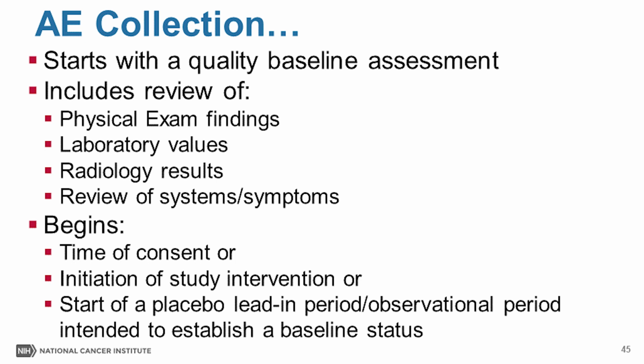So when we start thinking about assessing adverse events, it really comes from our participants' review of systems, physical exam findings, laboratory and other radiologic results, or EKG results, things like that. But again, before starting on a clinical research study, especially a clinical trial, a good baseline assessment is needed. And that does include finding what is abnormal. So what laboratory values are already abnormal?